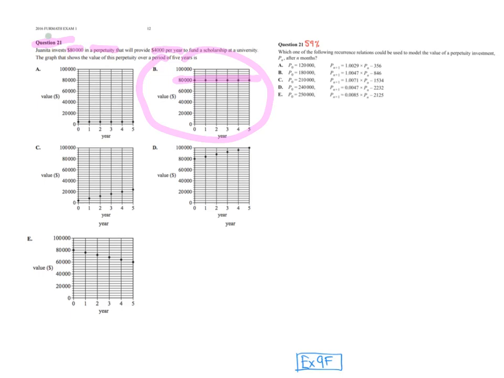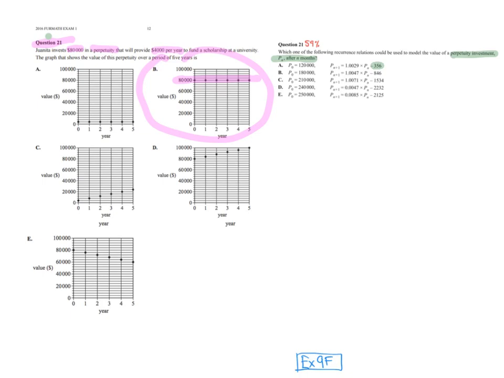Anyway, which one of the following recurrence relations could be used to model a perpetuity investment after n months? So can you see how the way you're going to work this out is this bit is the D, and it would have to equal the interest that you gain.